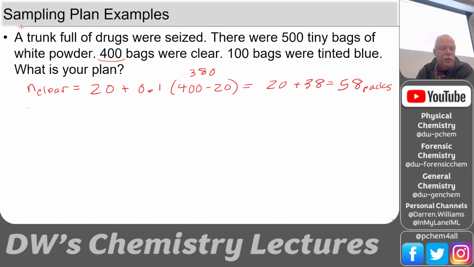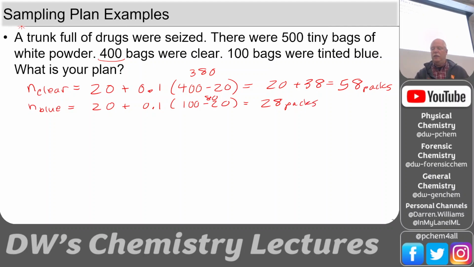And then for the light blue, again, it's 20 plus 0.1 times 100 minus 20. So that's 80. Times 0.1 is 8. So that'd be 28 packs of the 100 tinted blue packs.